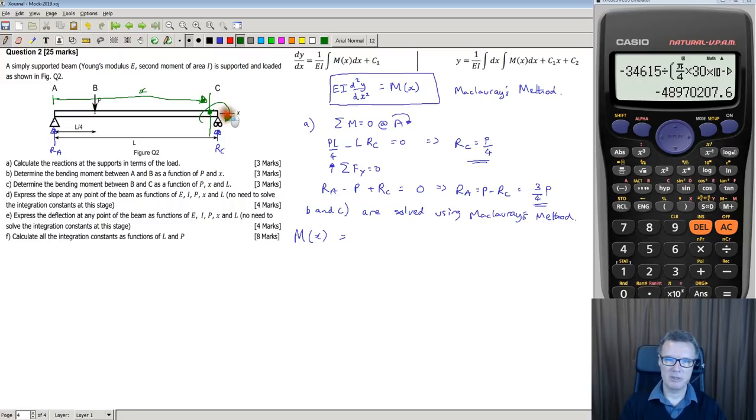And you need to be a bit careful in terms of how you define your M's. I've probably gone the wrong way. If we were doing this as a first year problem, we'd be going in an anti-clockwise sense, but I think in the second year we've switched convention, and we go in a clockwise sense.